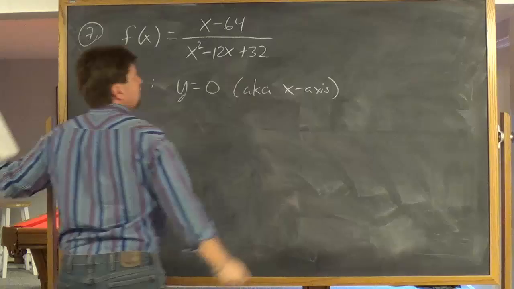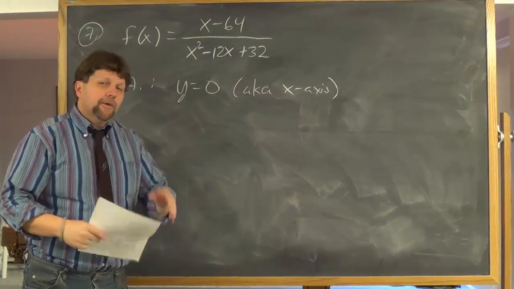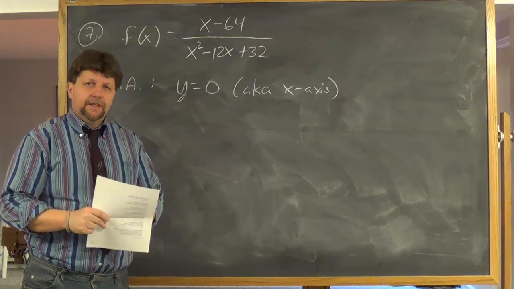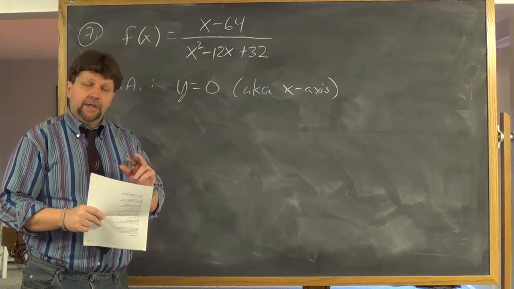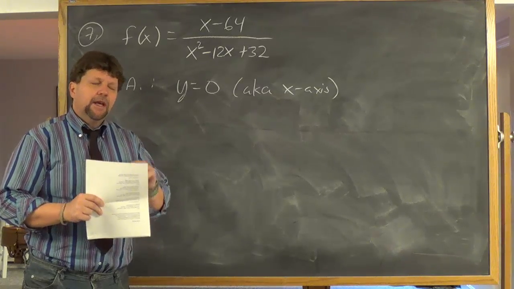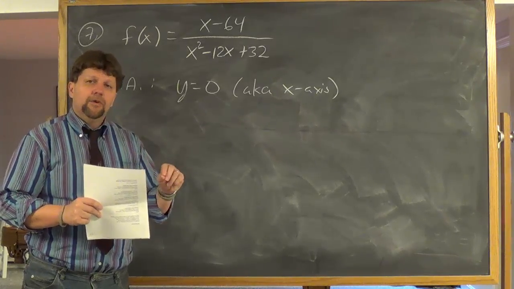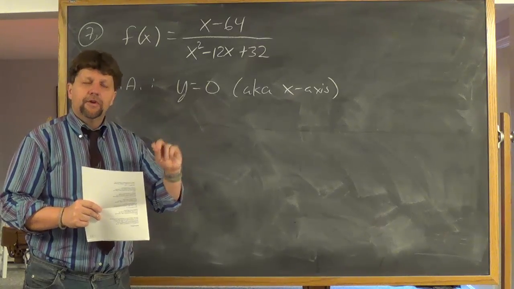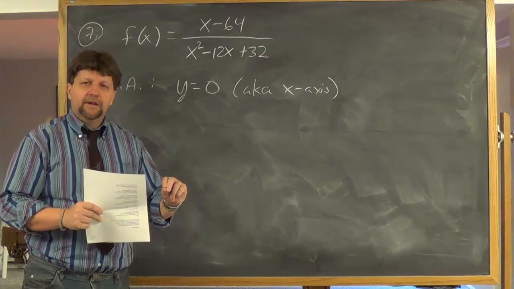Now remember, if the degree of the numerator is equal to the degree of the denominator, so they have equal degrees in the numerator and denominator, then the horizontal asymptote is the line y equals leading coefficient of numerator over leading coefficient of denominator.